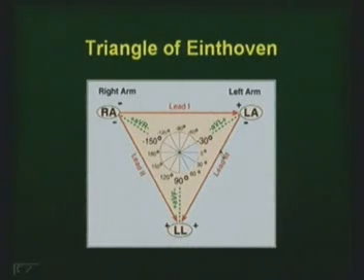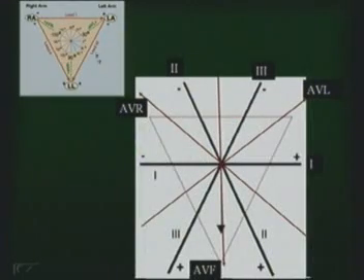This is coming back to that triangle of Einthoven I talked about. We have the RA and the LA, lead 1, lead 2, lead 3, and we have the AVR, AVL and AVF. All we have to do is change this diagram into a diagram like this. How? By transposing lead 1, lead 2 and lead 3 to go through a common point, the center of it. So we've taken lead 1 from here and pulled it down to this point.